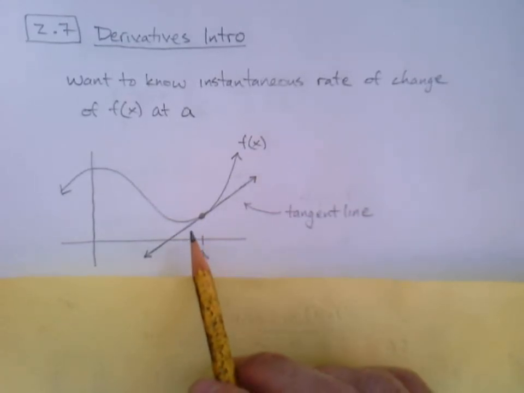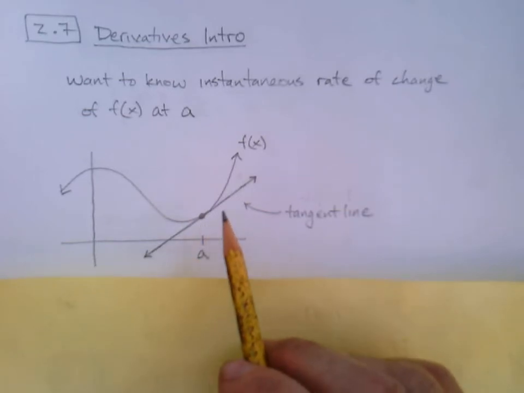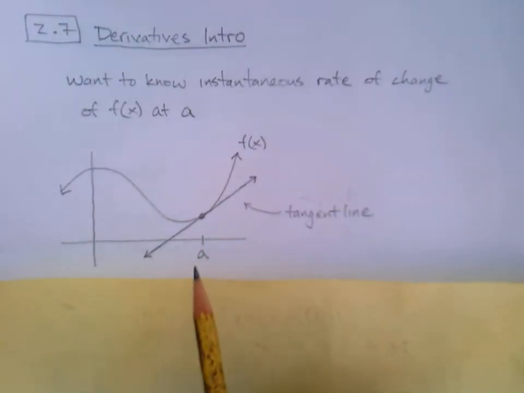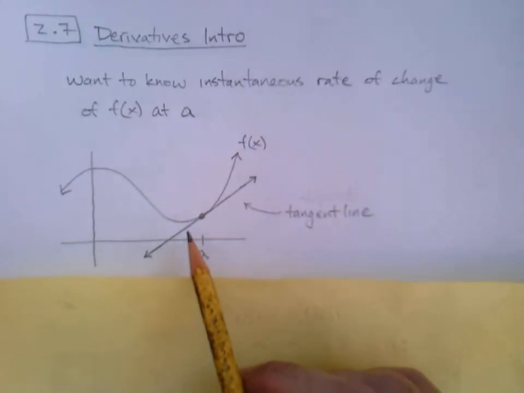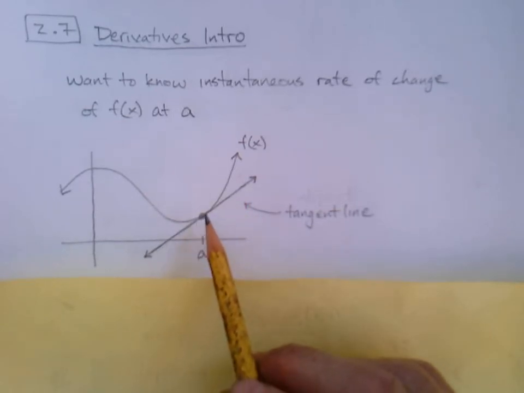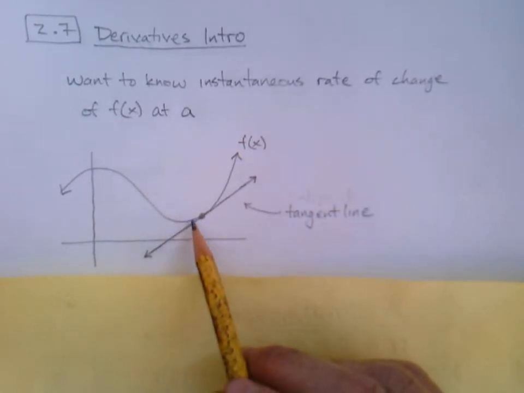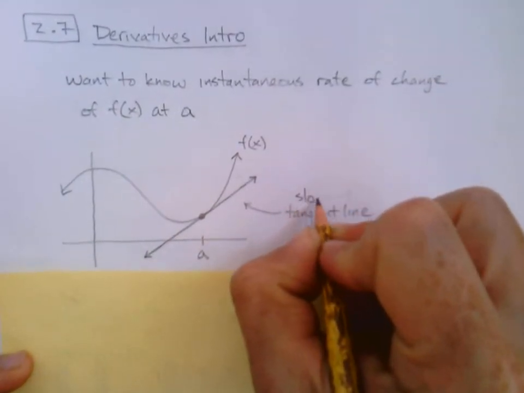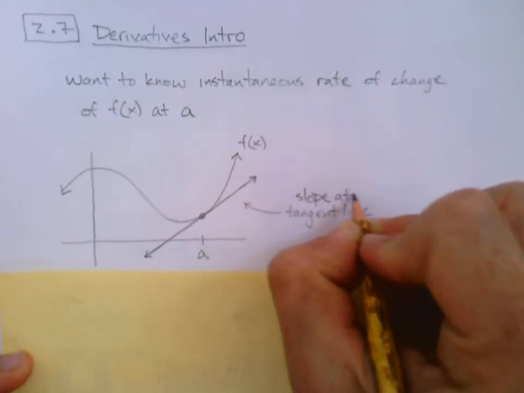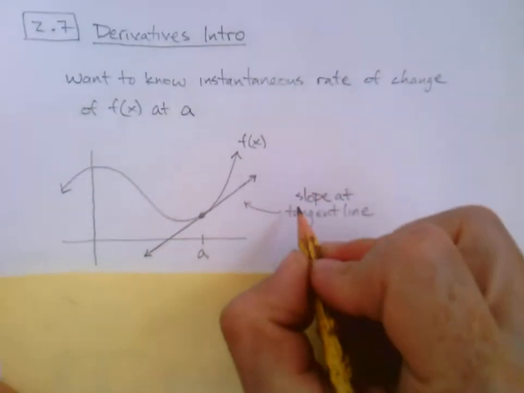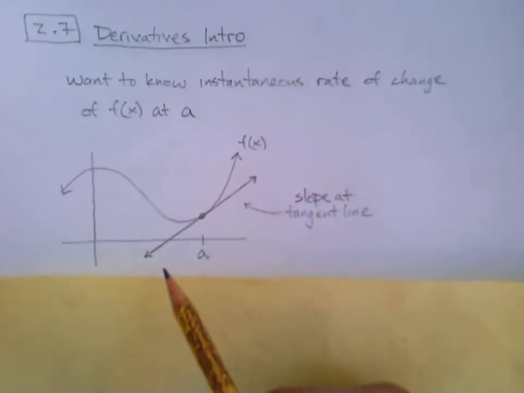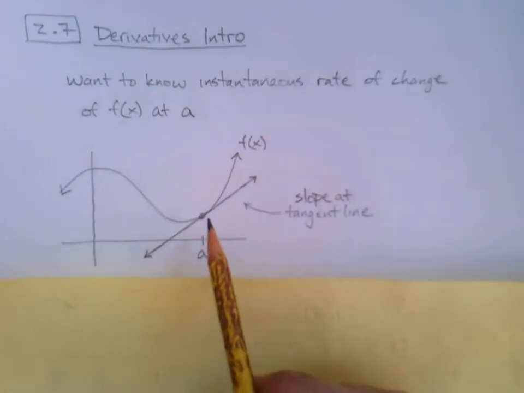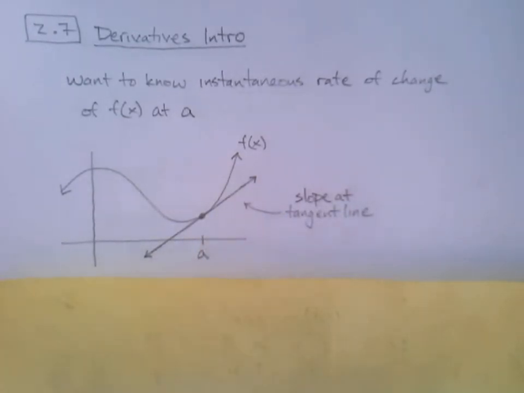Really, the important attribute of that tangent line, and this comes up in the first project, what is it about that tangent line that is describing how fast f of x is changing right there? And it's the slope. So really what we want to know is the slope of that tangent line. We could certainly calculate the equation of the line, but really the big attribute, what's really important to us, is the slope of that line.